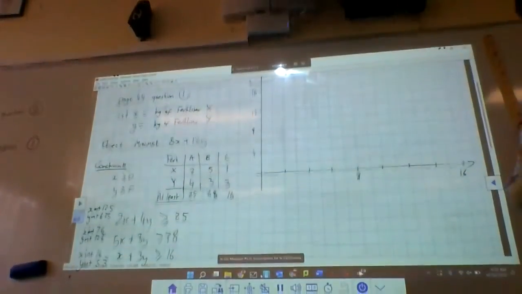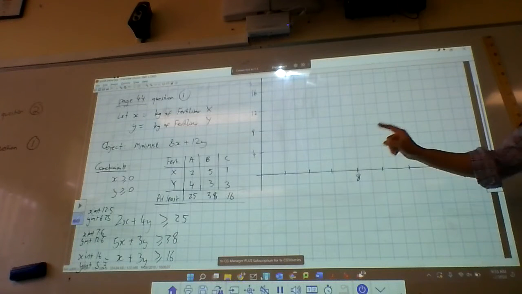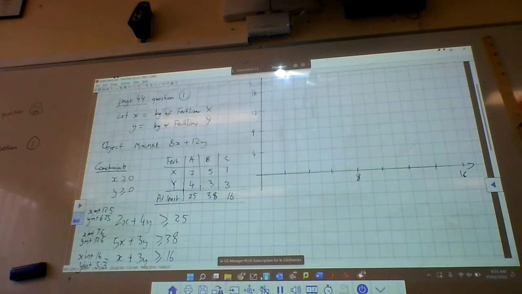My units are different just because of the way I've set up my graph. You can see my x-axis is one box, but on my y-axis one box represents 2. That's okay.